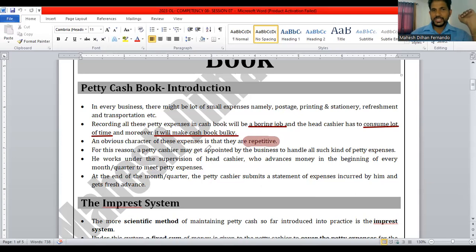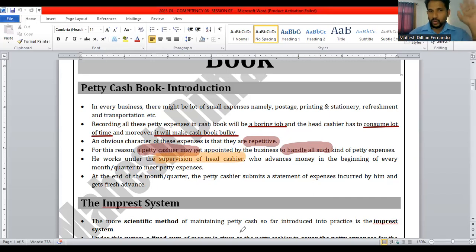For this reason, a petty cashier may be appointed to record these small, repetitive nature transactions. We are appointing another responsible person called the petty cashier. Now, what is his responsibility? To handle such transactions. And most importantly, he is working under the head cashier, under the supervision of the head cashier.